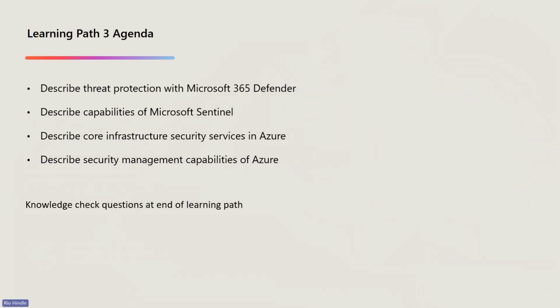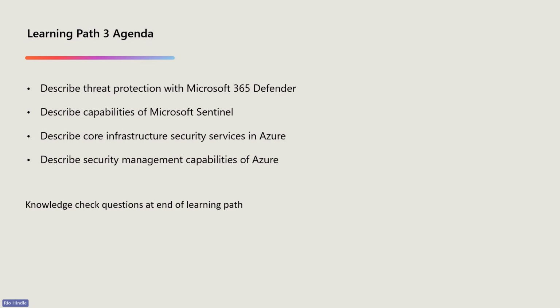So the learning path and the agenda for this particular module is around describing threat protection within Microsoft 365 Defender. And Defender is very much an umbrella term. You may have heard of it called Defender XDR, which is extended detection and response, and it's a combination of different Microsoft 365 security solutions.